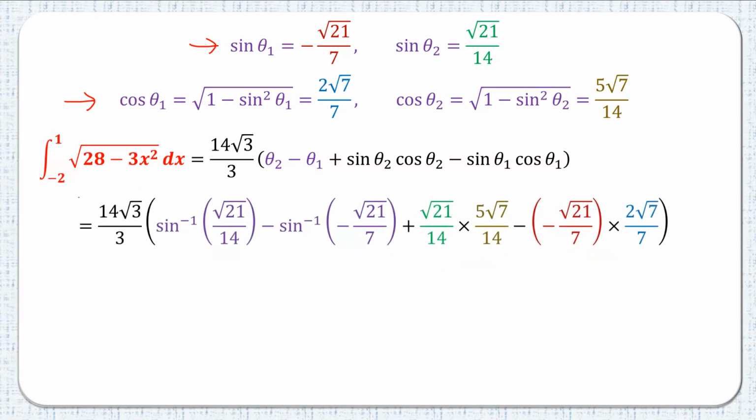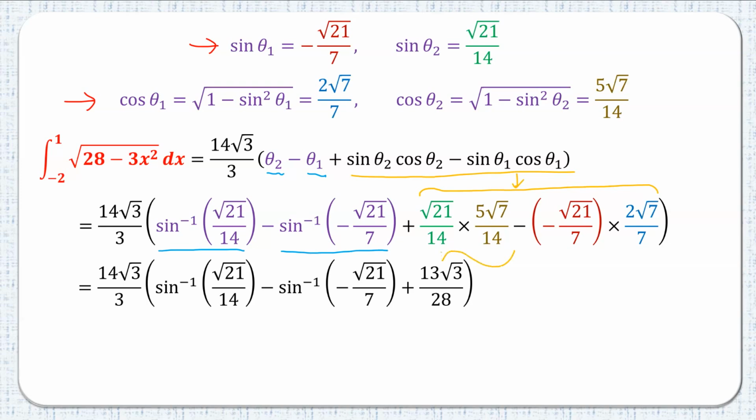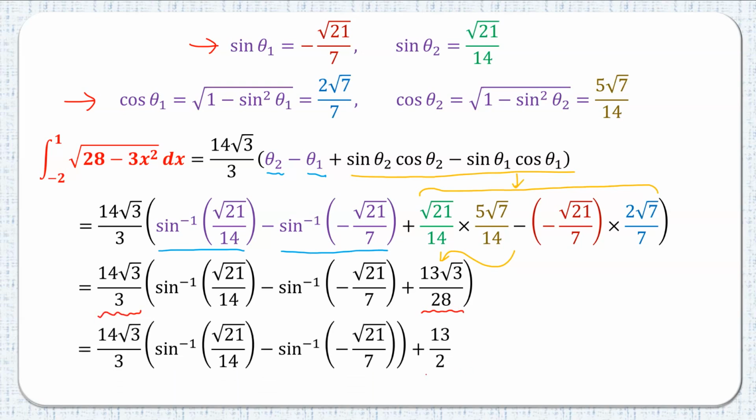Therefore, theta 2 minus theta 1 can be expressed using inverse sine functions, and then this part can now be evaluated. If we carry out the calculation, this part gives 13 square root of 3 over 28, and if we multiply with this, then it becomes 13 over 2.